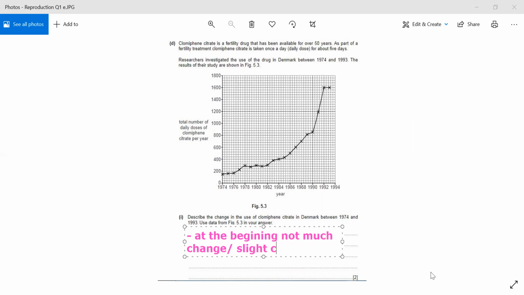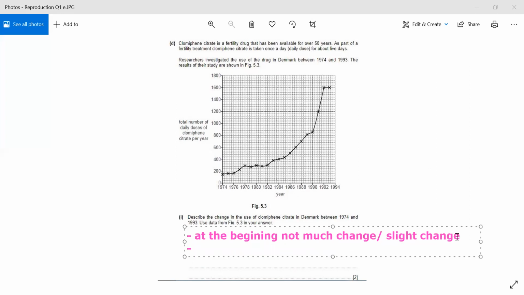This is 1 mark. Then after that, it changes, right? There is an increase. After that, there is an exponential increase, as you can see, rapid.